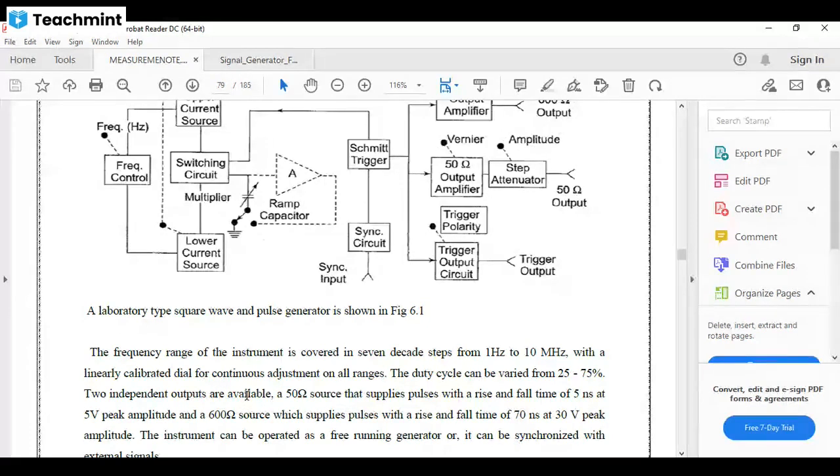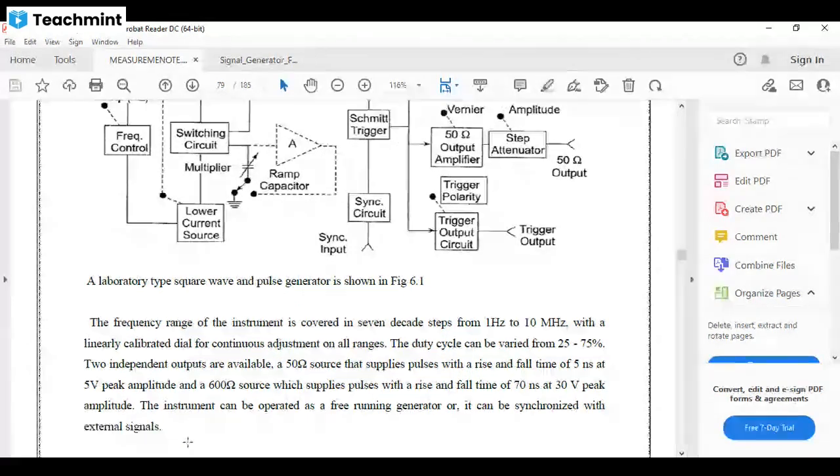And the 600 ohms source supplies pulses with a rise and fall time of 70 nanoseconds at a 30-volt peak amplitude.